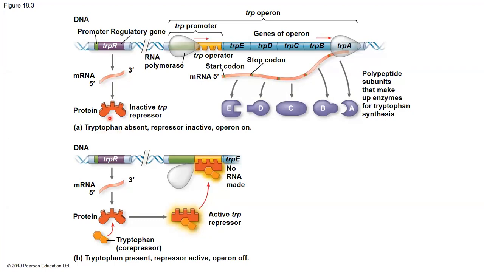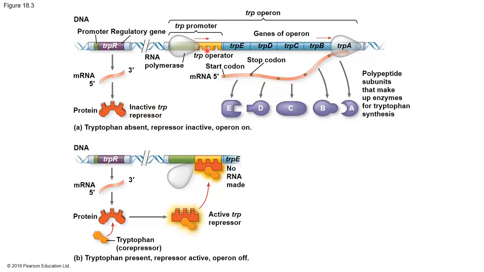If there is no tryptophan, the trp repressor that is encoded by the trpR gene, because of the absence of tryptophan, will remain inactive.